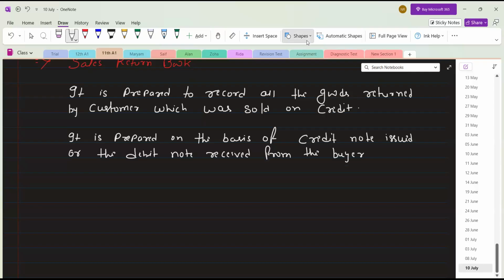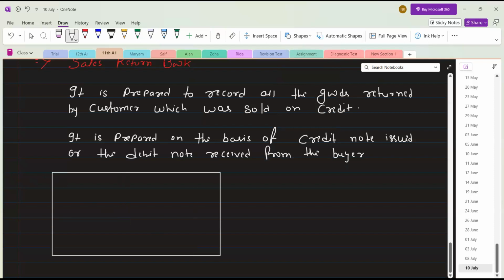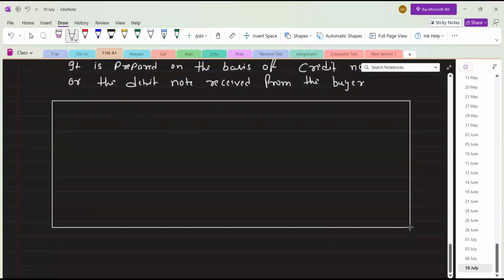So again, the same format. Instead of debit note, here it will be credit note.